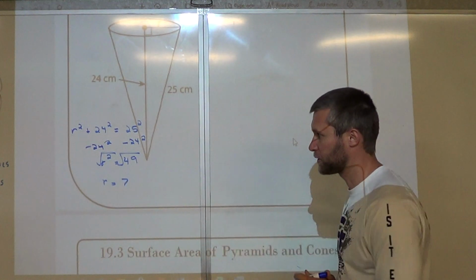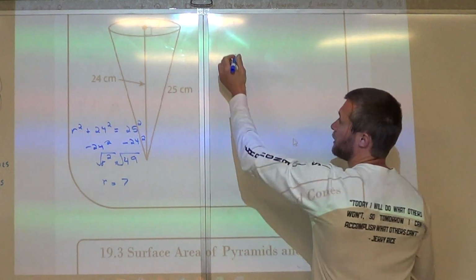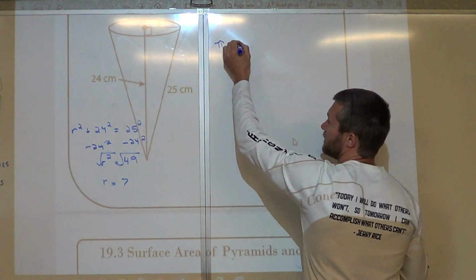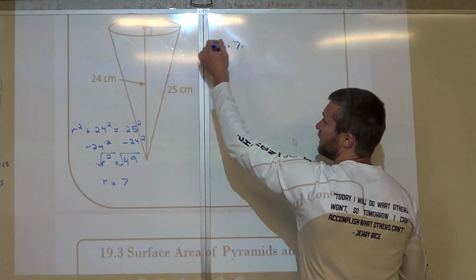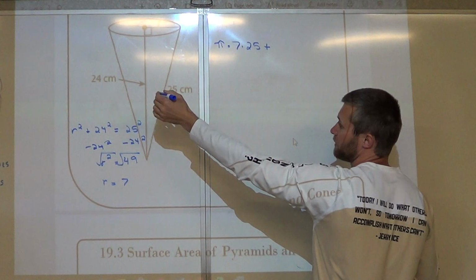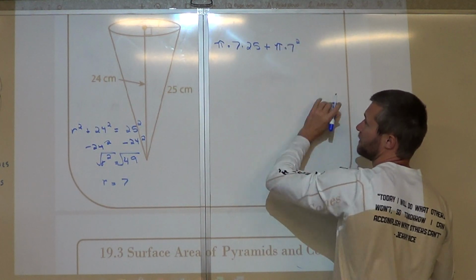Once you have that, it's pretty simple. It's pi times your radius of 7 times your slant height of 25, plus the area of your base, pi times your radius squared.